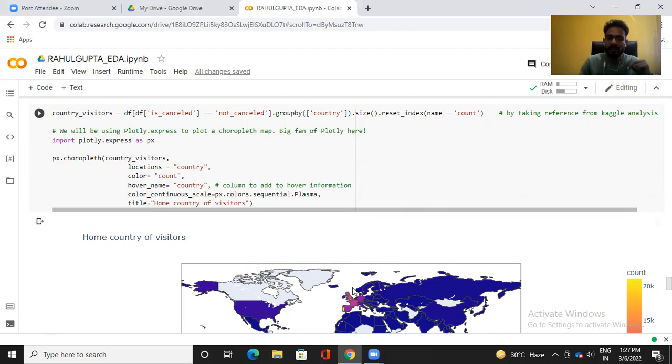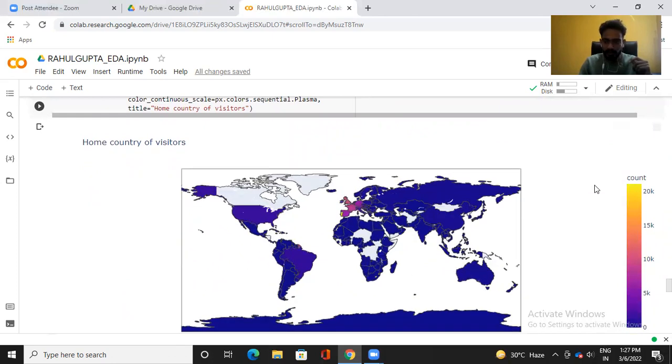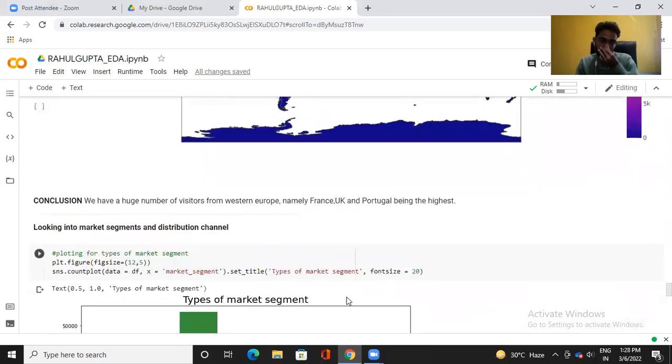Then I used a library, plotly.express as px, and I used that chart. I figured out that we have a huge number of visitors from Western Europe, mainly France, UK, and Portugal being the highest. So according to that, we will plan our business activity.